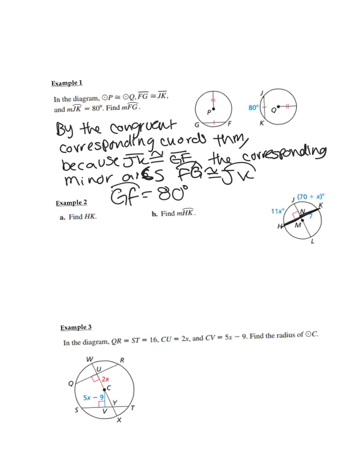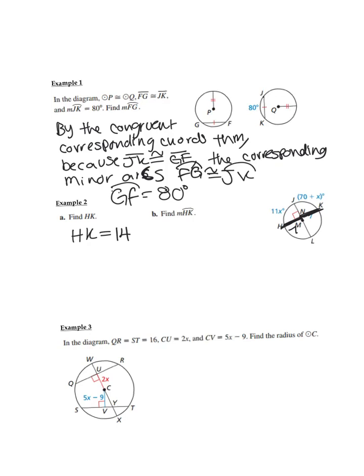So if NK is 7, then HK must be 14. The reason we know this is because if NK is 7, then NH is also 7, so the entire distance would be 14.